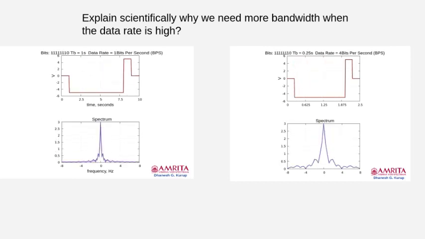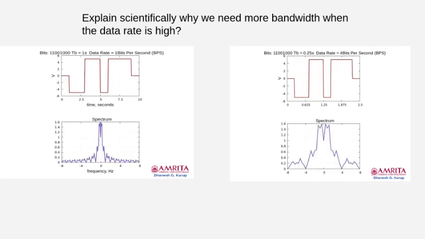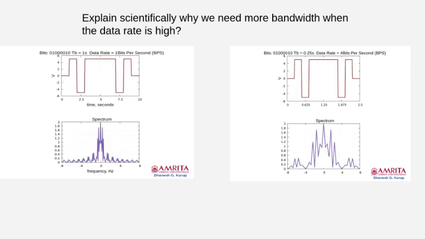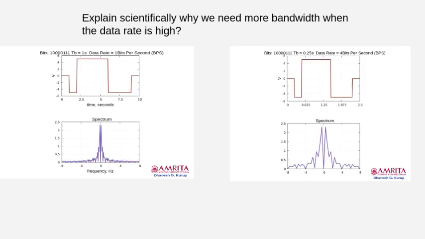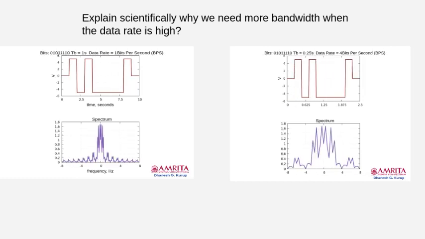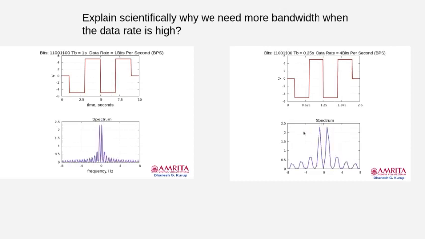For example, you want to take a picture from the pen drive to the computer, you don't want to wait, right? So it requires larger speed of transfer, which means larger data rate. So larger data rate means larger bandwidth.